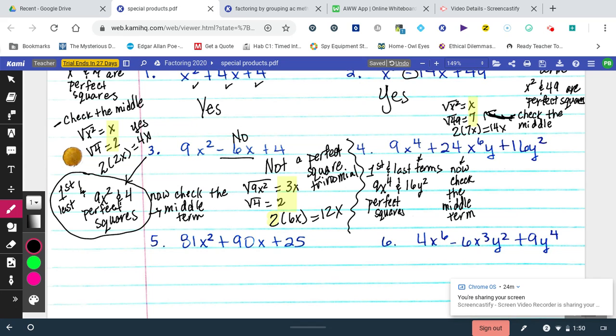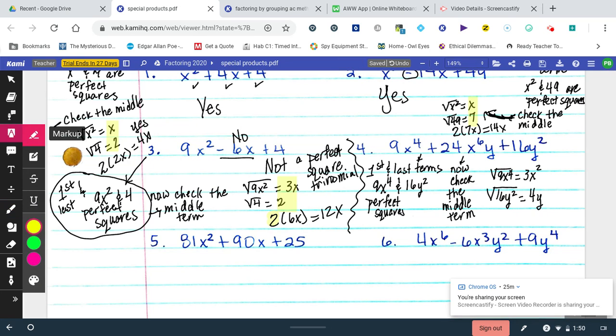Okay, let's check the middle. To check the middle, you take the square root of the first. The square root of 9 is 3, and the square root of x to the fourth is x squared. Basically, you just cut your 4 in half. All right, the square root of 16y squared. Well, the square root of 16 is 4, and the square root of y to the second power is just y. Basically, you just cut the 2 in half.